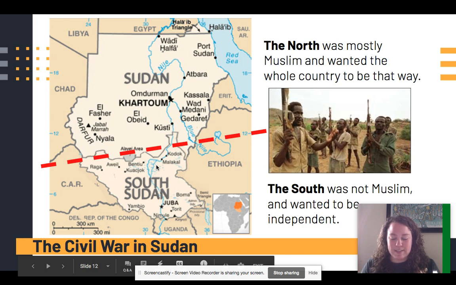But the people in the south were of different religions and did not want to be forced to practice Islam. They began fighting for independence from the north. The fighting was scattered all around southern Sudan, and now the war had come to where Salva lived.